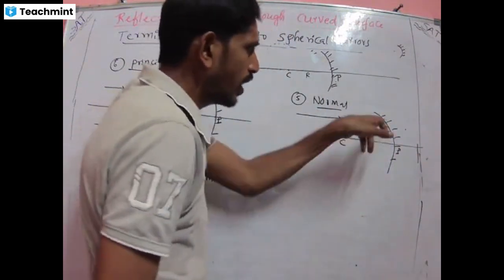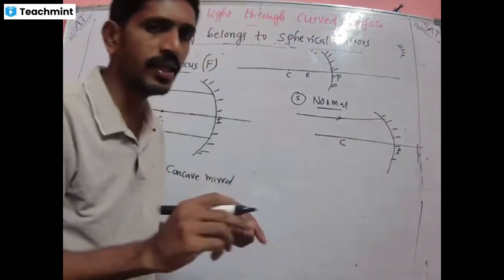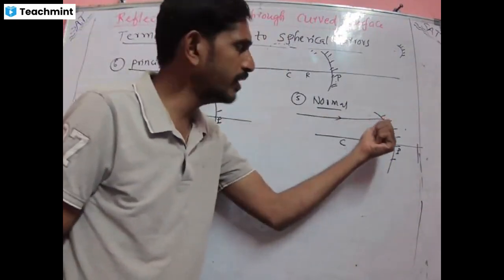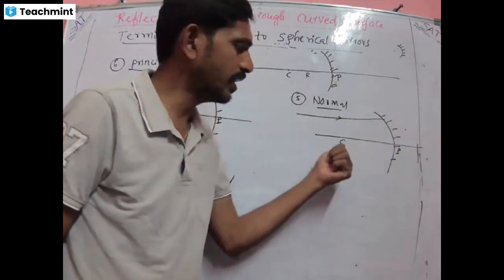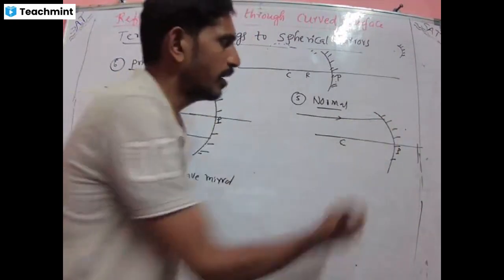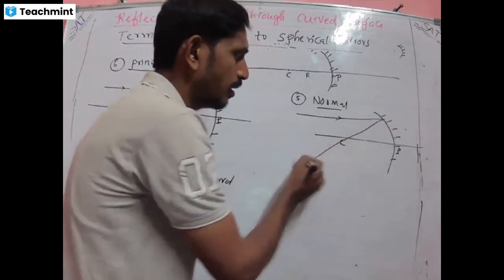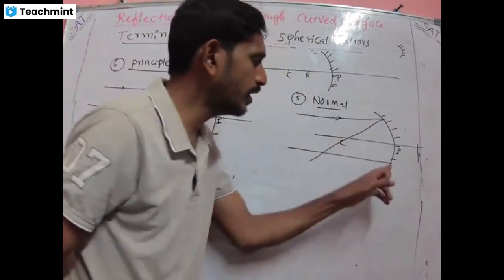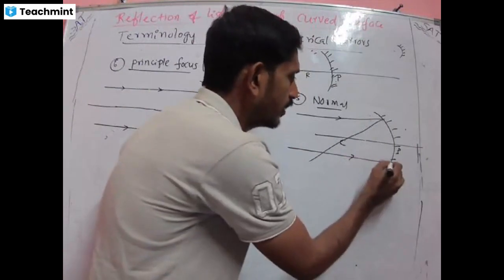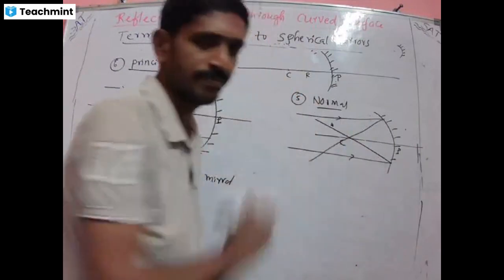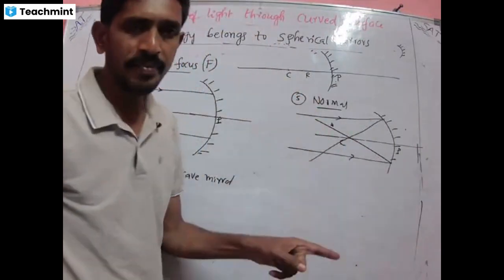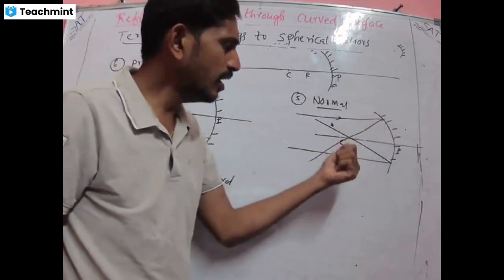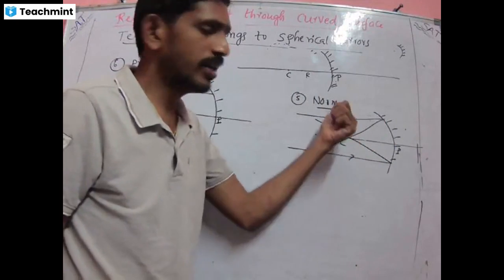Just join the point of incidence, where the light is incident, and the center of curvature. That line is called a normal. So this is my normal. For example, light is incident at this point. Join this point of incidence and the center of curvature. This is called the normal.